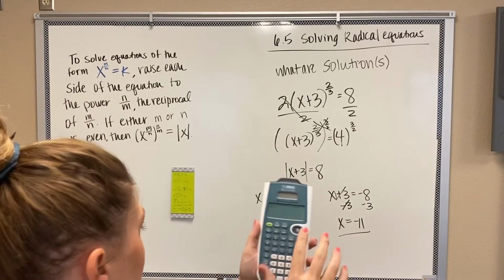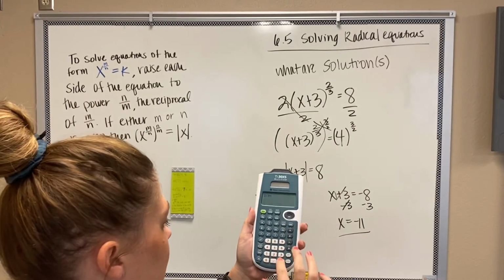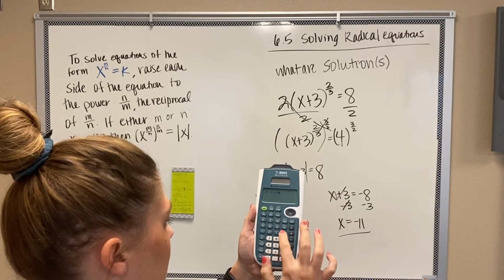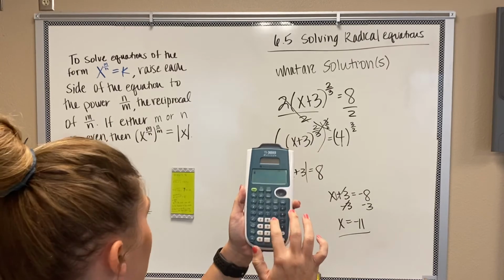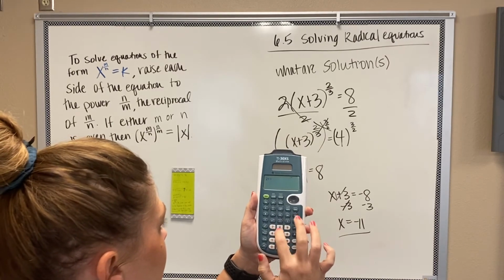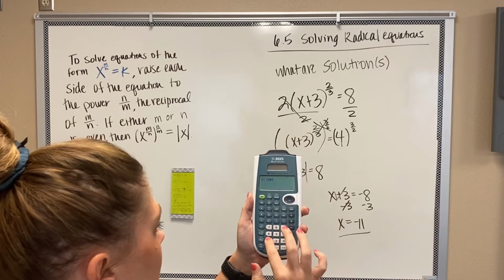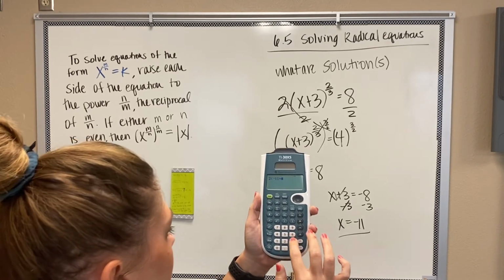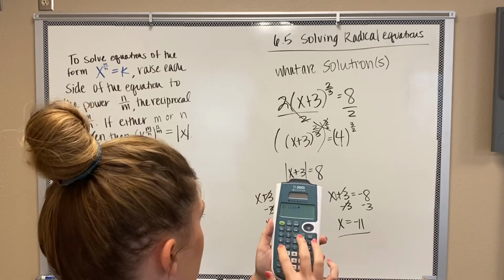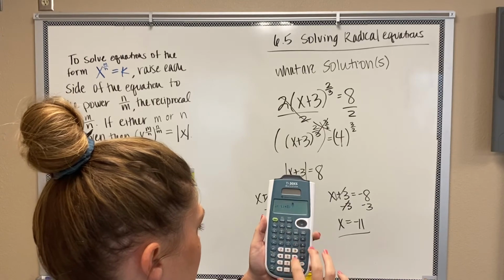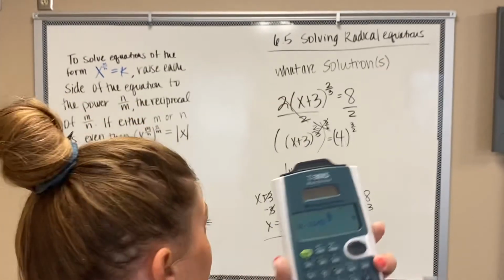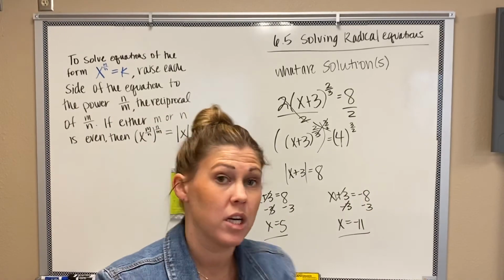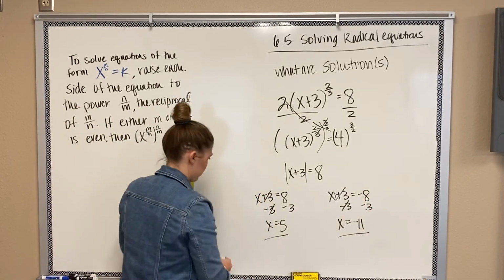And then here the negative 11, we have 2 times negative 11 plus 3 raised to the 2/3 power equals 8. Okay, so they both work. So here are your 2 solutions.